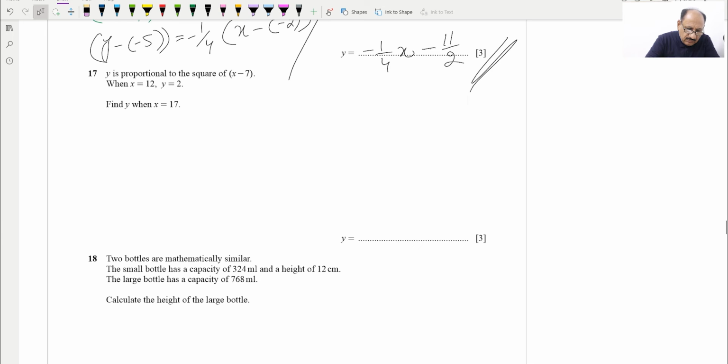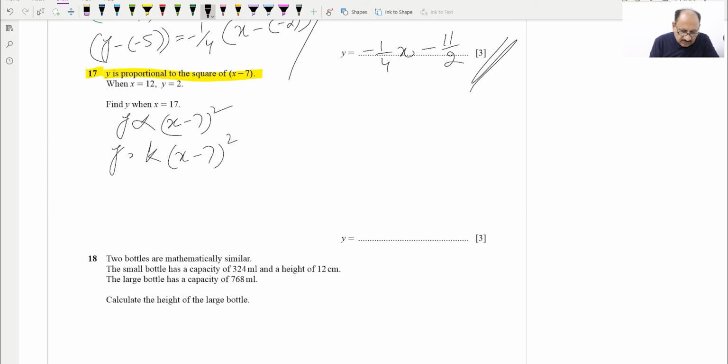Now question number 17, y is proportional to the square of this. This is a variation question, a proportionality question basically. So this will be directly proportional, so we can write y is directly proportional to the square of this one, and then we can write y is equal to k into x minus 7 square.